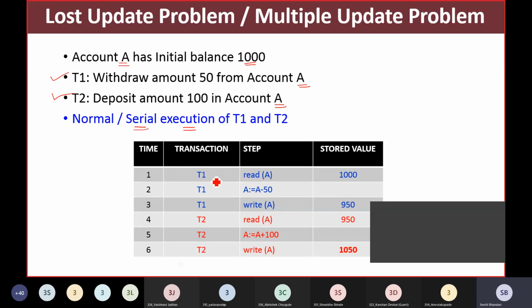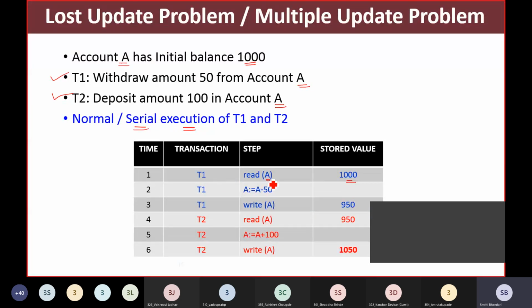So what is T1 doing? T1 is withdrawing the amount 50 from account A. So T1 needs to read the initial balance of account A. As we mentioned, the initial balance of account A is 1000, right?